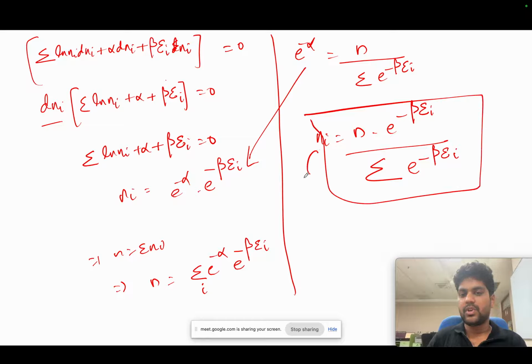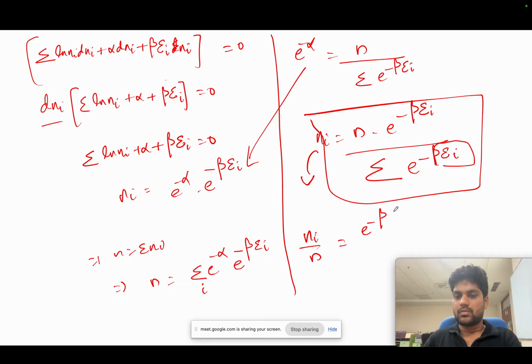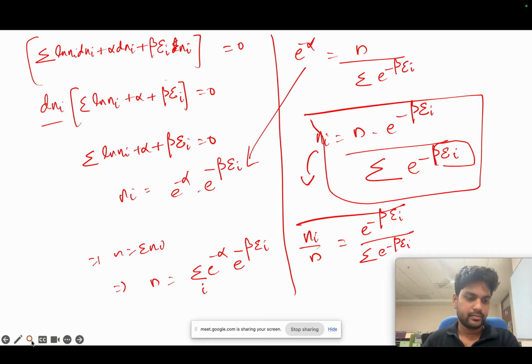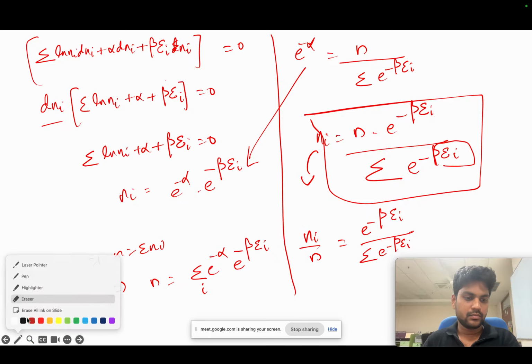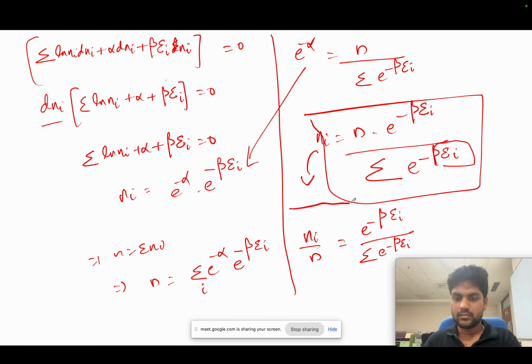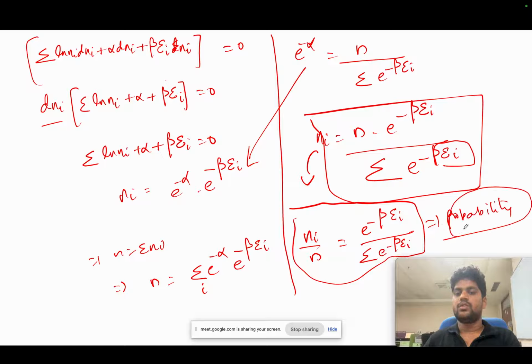So this gives the relation between the number of particles in the ith state and the energy. Now if I write it as ni by n equal to this, it gives the probability relation: how many molecules can be in the ith state with respect to the energy state.